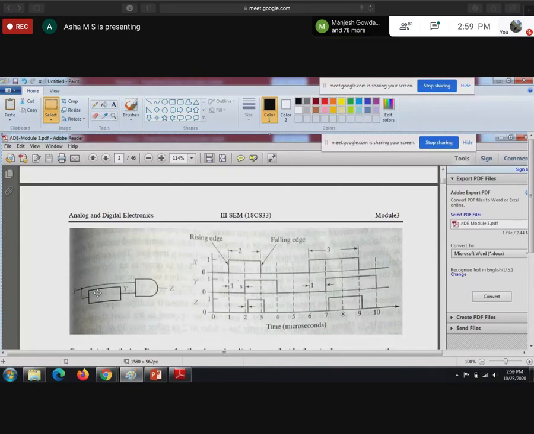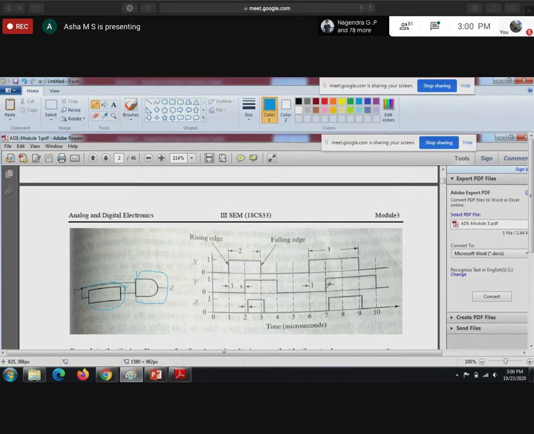So this circuit is added with one delay element. For the added delay, X is the input and Y is the output.